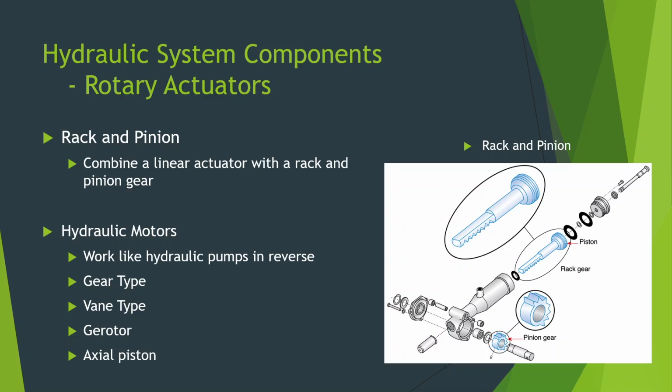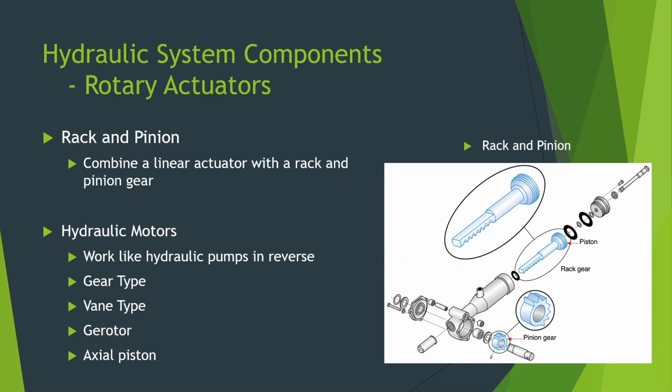And so you can spin the pinion gear one way to push an output shaft one direction, and you can spin the pinion gear the opposite direction to push the output shaft the other way. So in that case, you use pressure to create rotary motion, which then gets converted into linear motion. Okay. So rack and pinion actuators can actually work both ways.